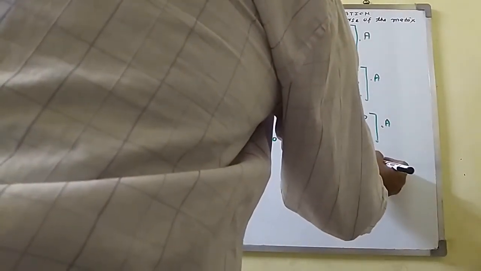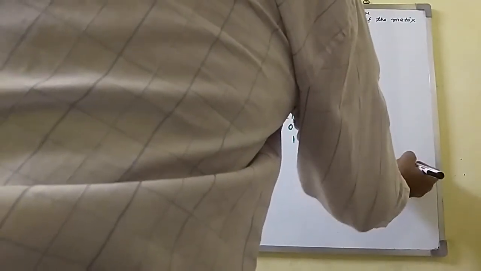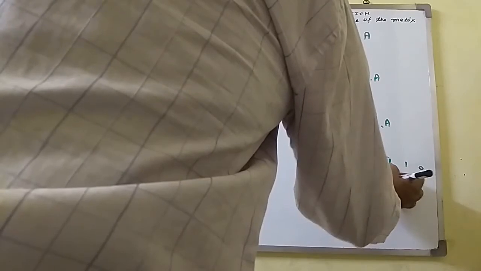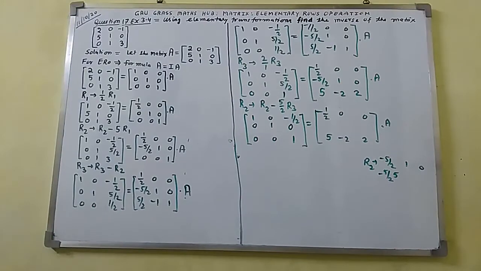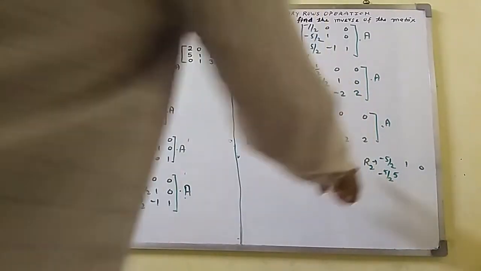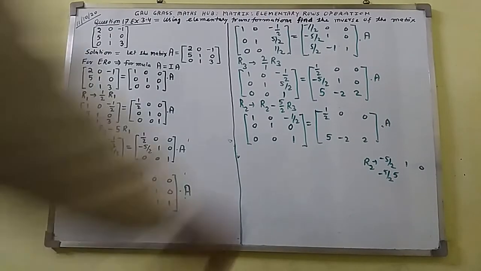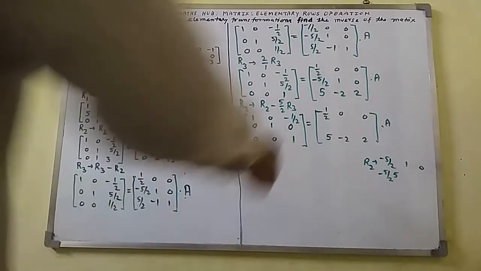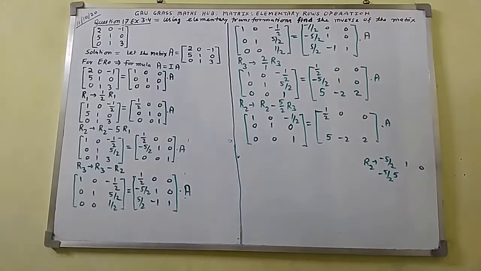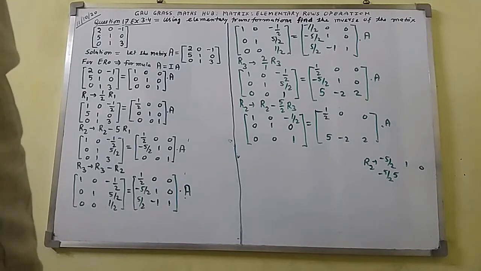Now R2 I shall take as minus 5 by 2, 1, 0. Same thing I will get here. And here minus 5 by 2, R3 I shall take 5. What we have done: R2 I have written minus 5 by 2, 1, 0, and minus 5 by 2 times R3, which is 5.